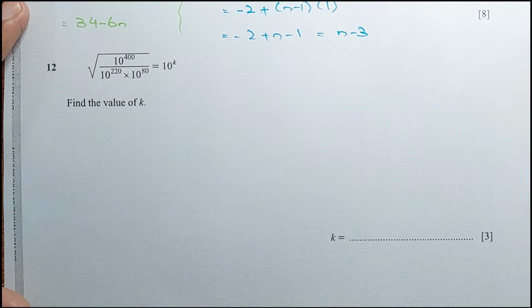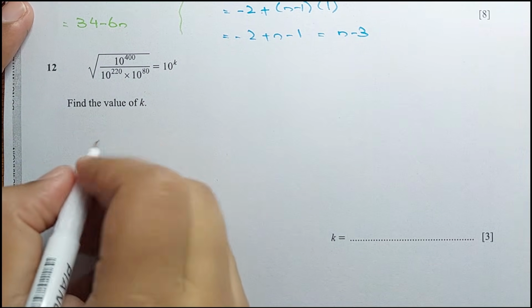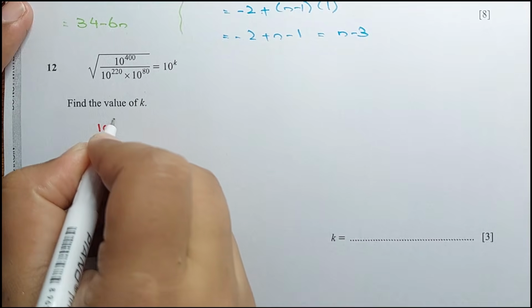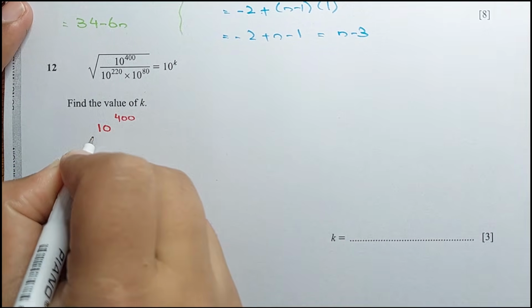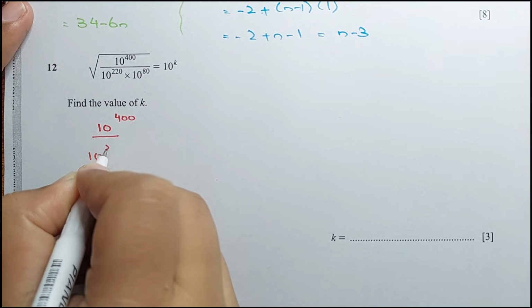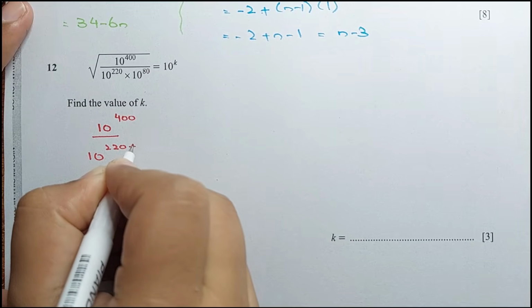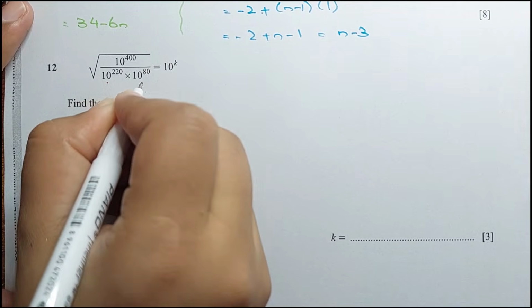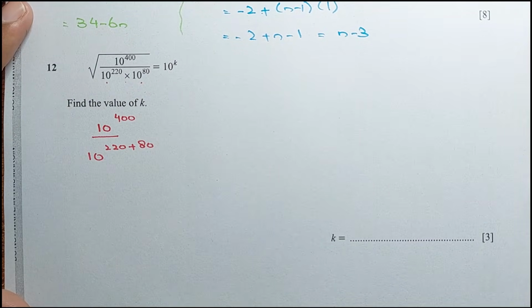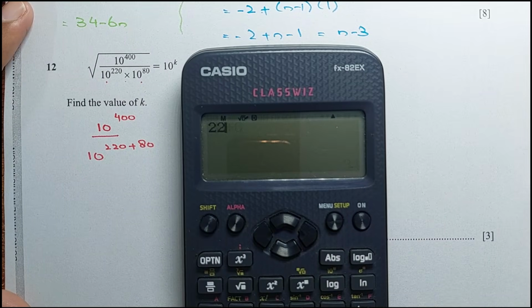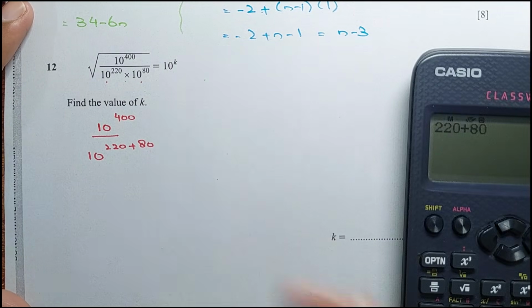Question number 12, find the value of k. Okay, this is 10 to the power 400, and here 10 to the power 220 plus 80. When the bases are the same in the product, we can add the powers, right? 220 plus 80 is 300.